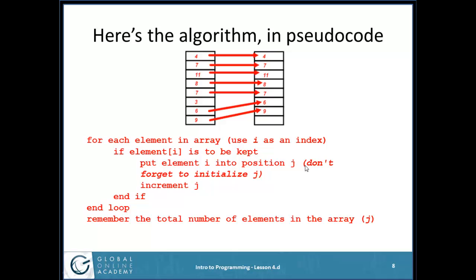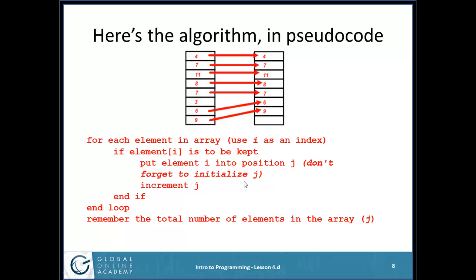You have to make sure you didn't forget to initialize j. j is going to start at the top. Then I'm going to increment j. End that if statement and the loop statement. And then remember the total number of elements that I put in the array, which should be equal to j. Now think through that.